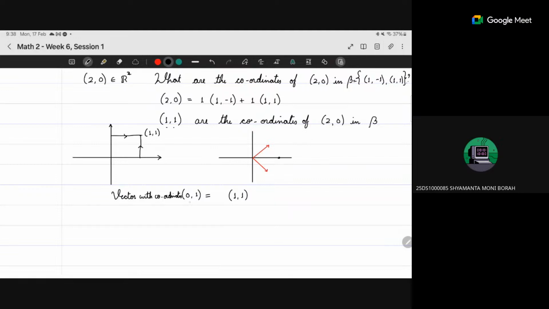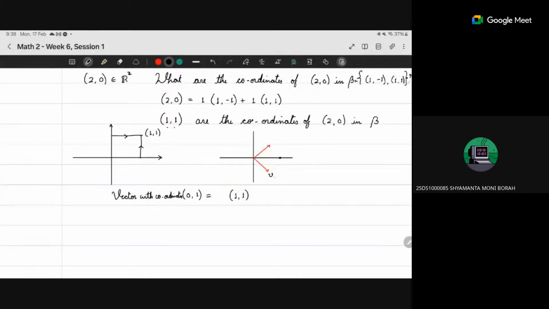So it should have 0 component along the first vector, which is this one. Let's call this guy v1 and this guy v2. It should be 0 v1 plus 1 v2. It should have a unit component along v2. And as we have seen, if you vary the coordinates, you'll end up spanning the whole space. That is the definition of a basis. Correct?